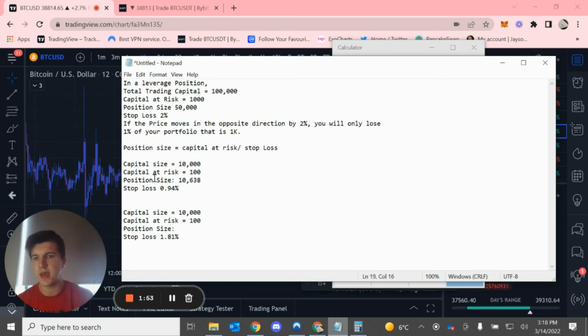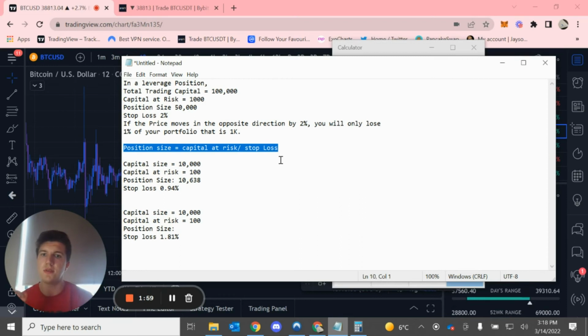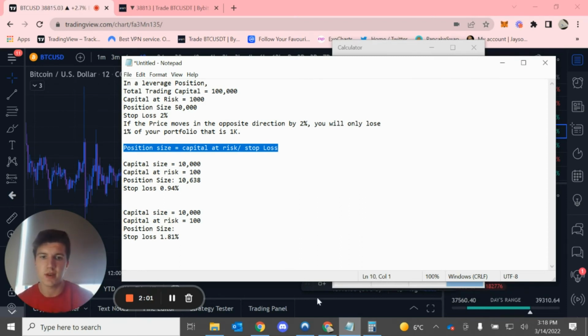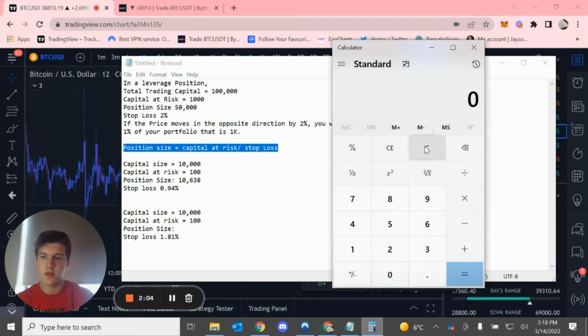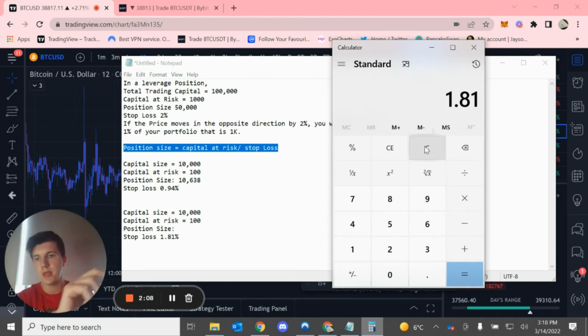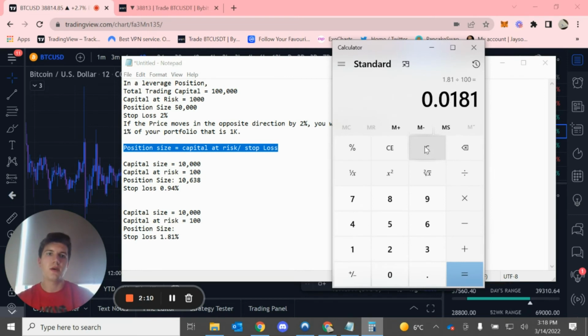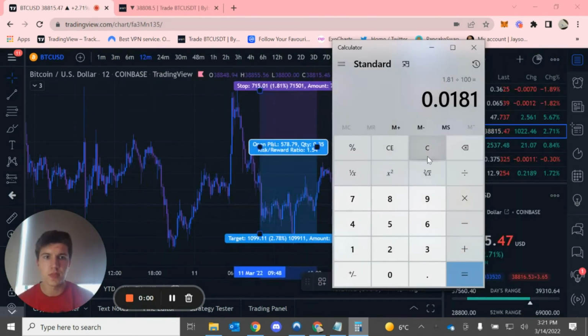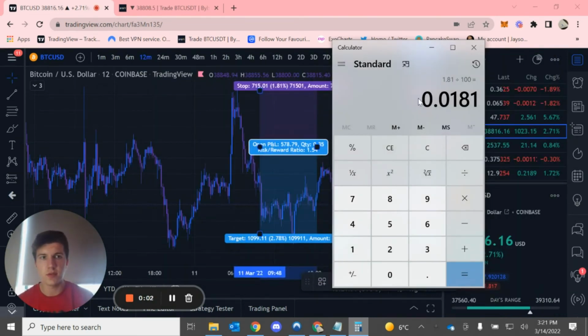And so to get that, we need to calculate out our position size. So our position size, again, is the amount of capital at risk divided by stop loss. And so if I want to get that decimal, I'm going to type in 1.81% divided by 100. And so we're going to keep this decimal in mind for calculating out our position size.